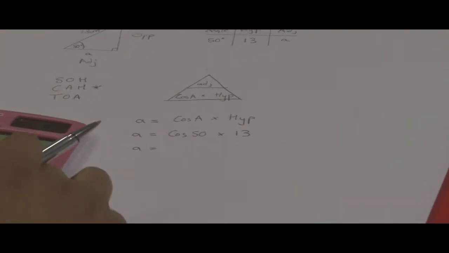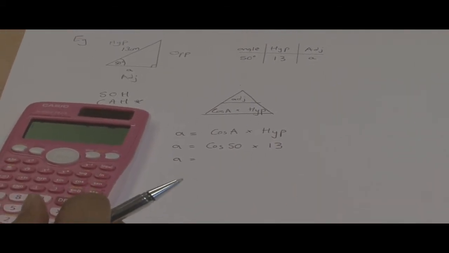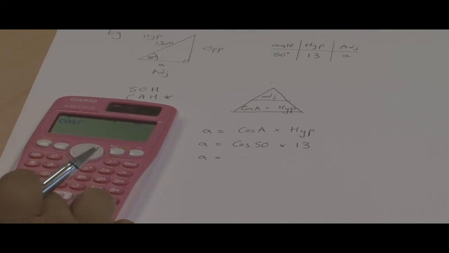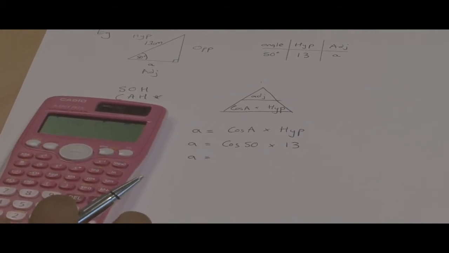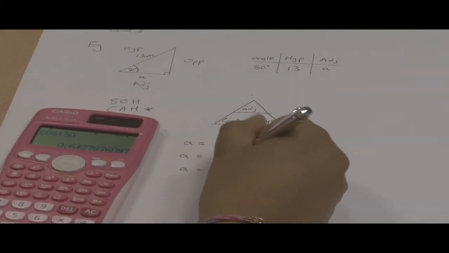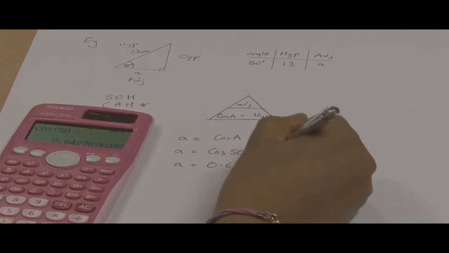You definitely need a scientific calculator for this. Cos of 50 is 0.6427.